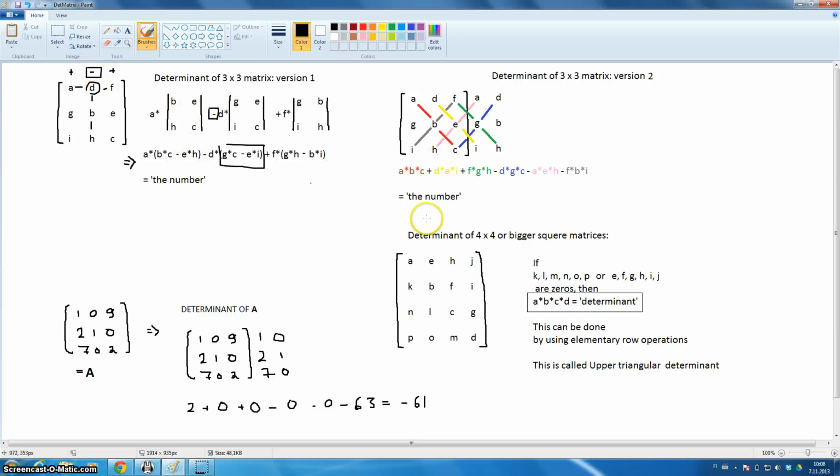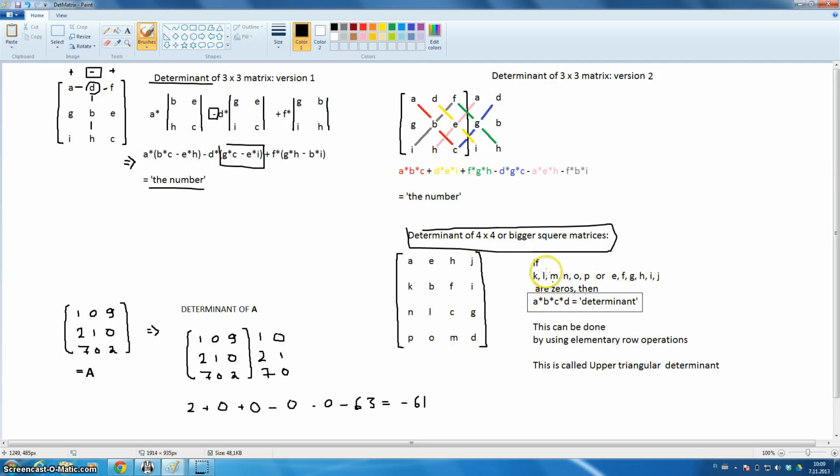Okay, let's move on. The determinant of bigger square matrices is much more complicated by this formula, and a determinant is always a number, not a matrix or a vector.